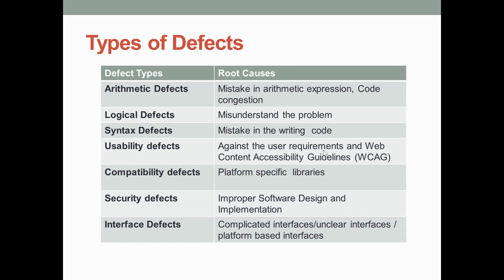Generally, a software suffers with different types of defects. We quickly see some of the common defects we can find in the software. Arithmetic defects occur in the software because of some mistake in the arithmetic expressions as well as code conjunction in the program.